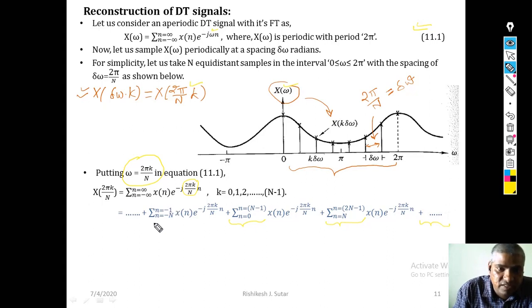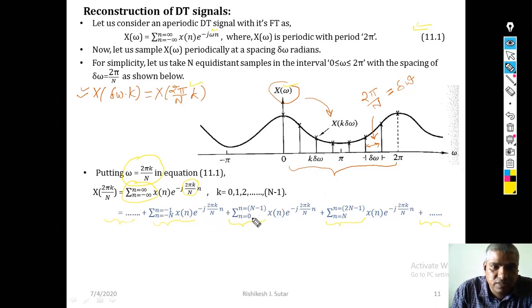Similarly on the left hand side, minus N to minus 1, or you can say here minus 2N to minus N minus 1. Okay, so this complete summation minus infinity to plus infinity, I can split it, and I can have capital N number of samples in each summation.